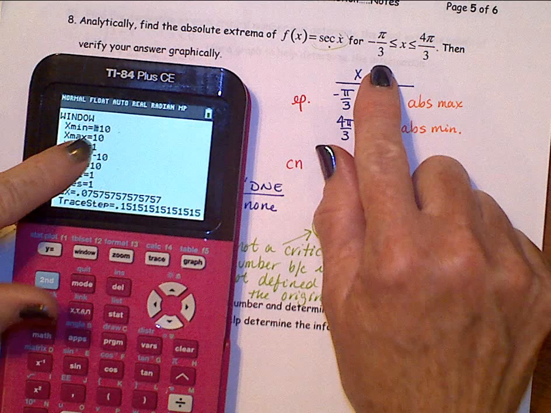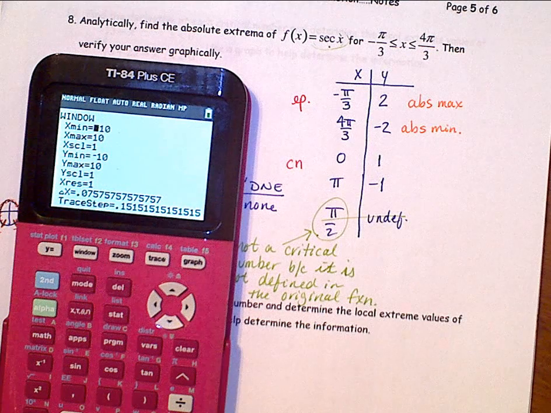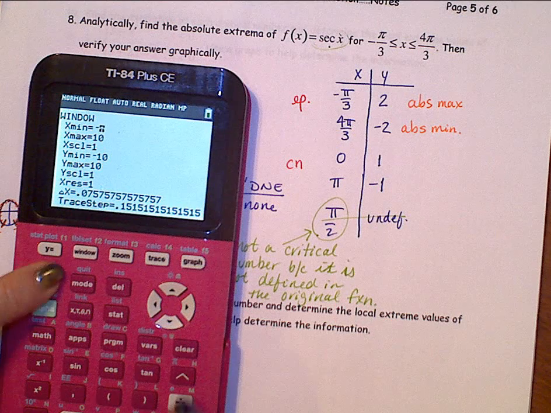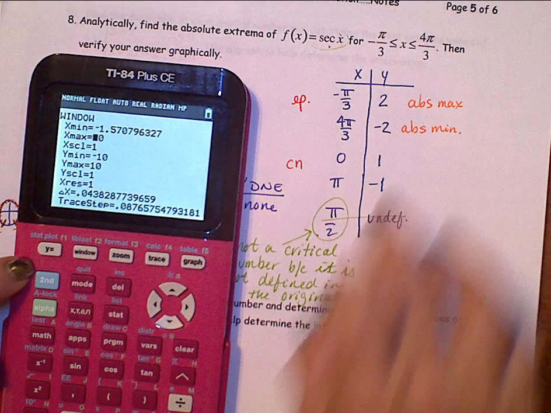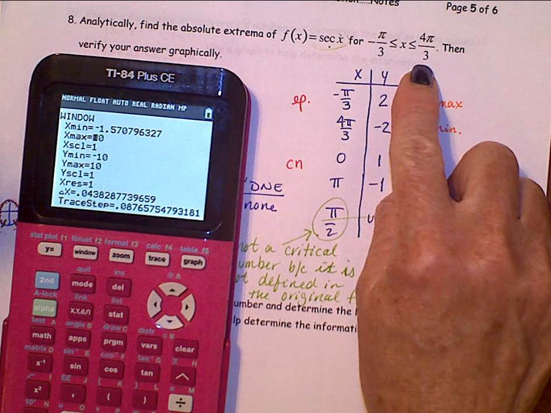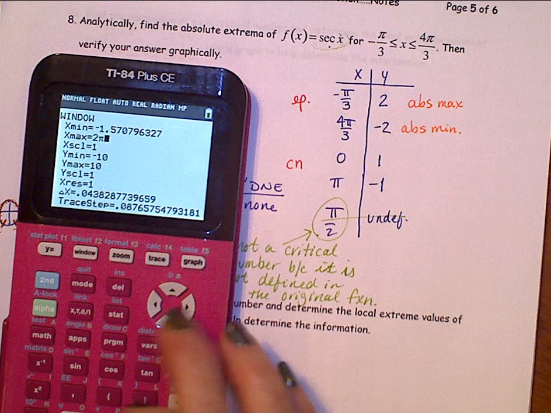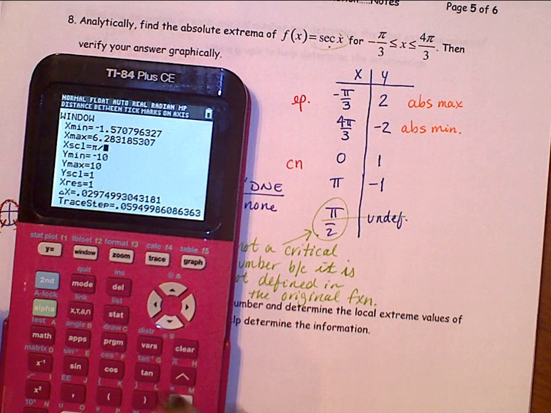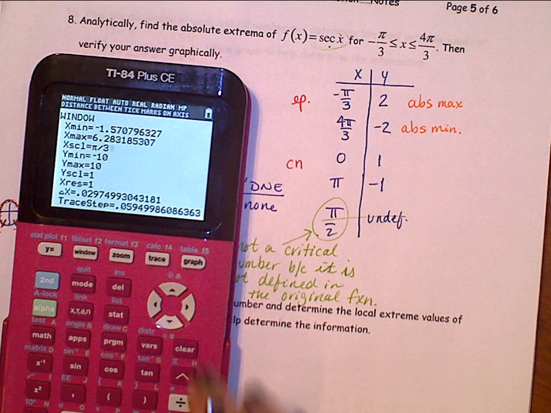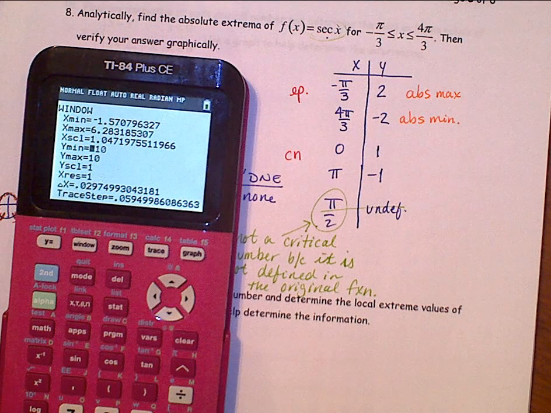Window. Negative pi over 3 to 4 pi over 3. Let's go a little bit bigger. About negative pi over 2 to, I don't know, what do I say, 2 pi? And let's count off by pi over 3s. And y's, let's go negative 5 to 5.